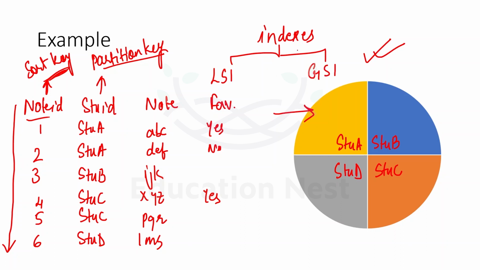We are not going in the depth of these two, but yes, indexing is what you can use if you want to have multiple combinations of partition keys and sort keys. If you want some other partition key and sort key apart from that of the table, then create one different index for it. And you can also query your indexes. That will help you make your performance more efficient.